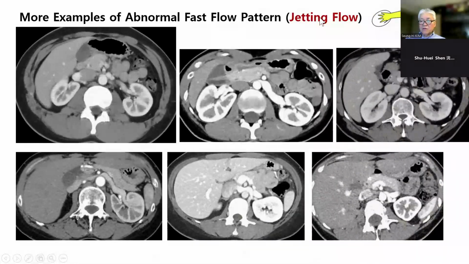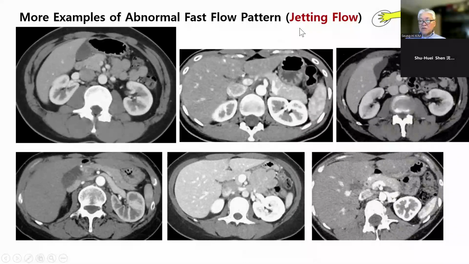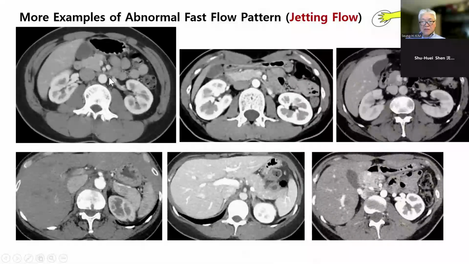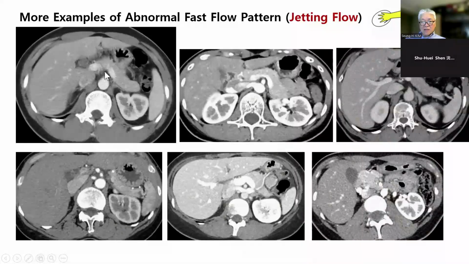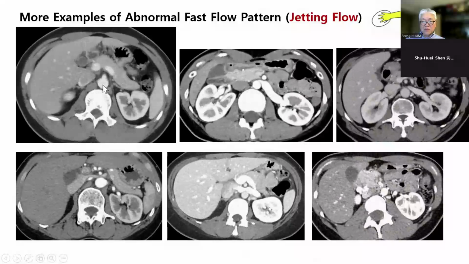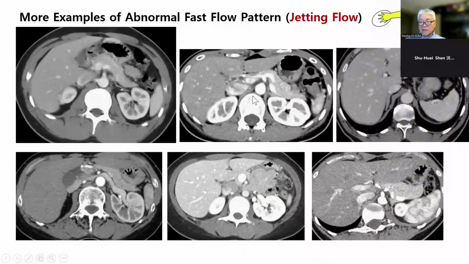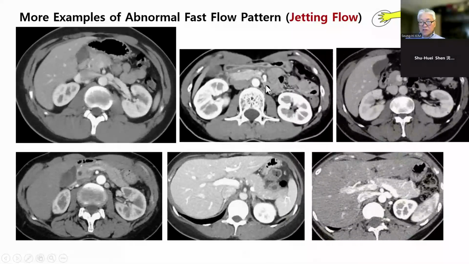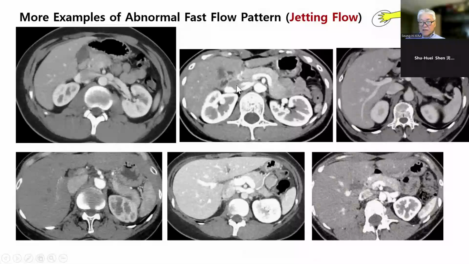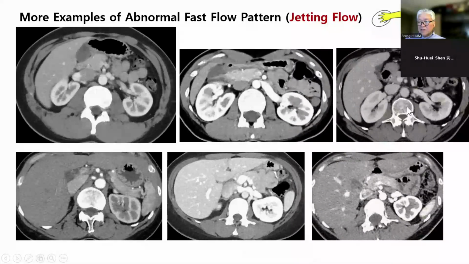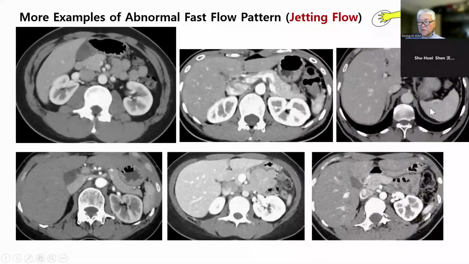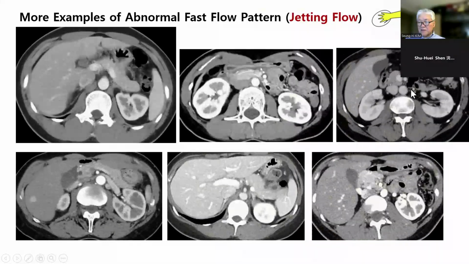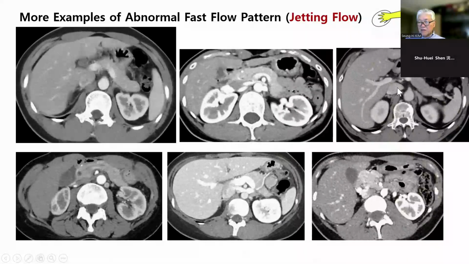These are the fourth pattern, the so-called jetting flow pattern. In the first case, you can see the clear jet. I think this is the case we saw in the first part of this talk. In the second case, it looks a little bit different, but you can feel the jetting in this area. In the third case the contrast opacification is not strong, but you can see similar jetting into the inferior vena cava here.